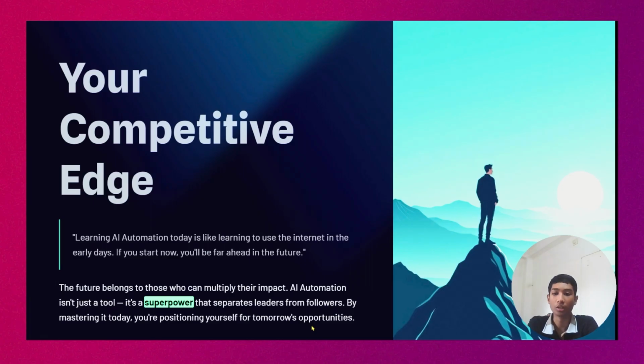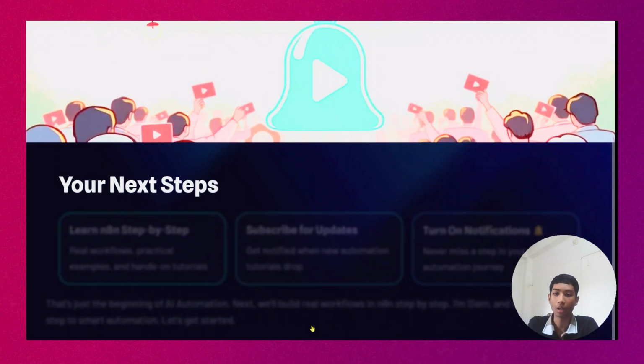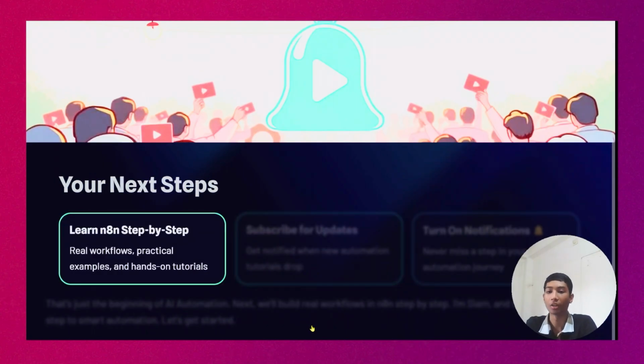AI automation is not just a tool, it's a superpower that separates leaders from followers. By mastering it today, you are positioning yourself for tomorrow's opportunities. Your next step is to walk. Learn everything step by step.